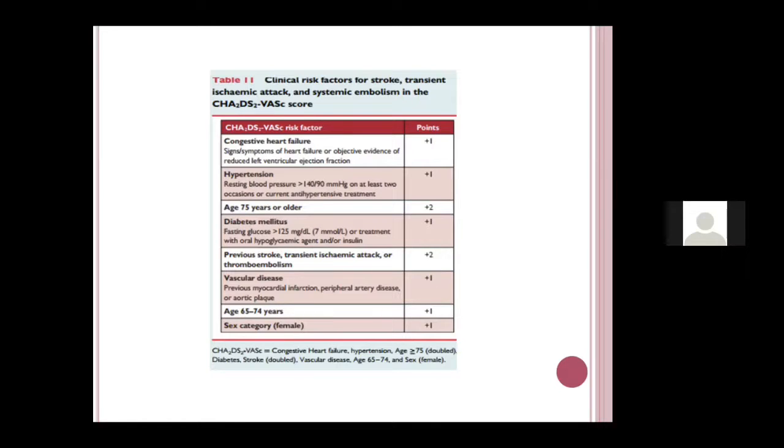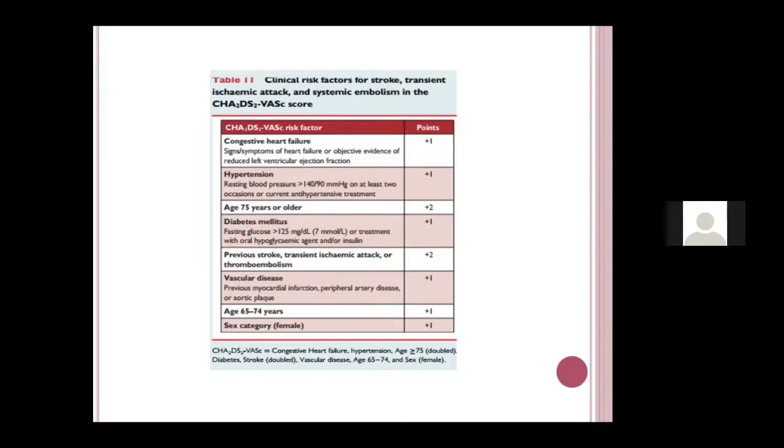Second, hypertension has 1 point. Age 75 or more is 2 points, whereas age 65 to 74 is 1 point. History of stroke is very great. It has 2 points. Presence of diabetes has 1 point. Vascular disease anywhere in the body, carotid, coronary, abdominal aorta, peripheral, anywhere is 1 point, whereas the female sex is counted as 1 point. So that is the CHADS-VASc.